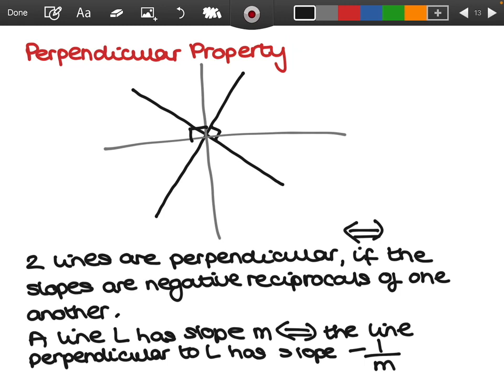Okay, so you do 1 divided by the slope that you are given for the line and then make it negative, and that will give you the slope of the line that's perpendicular to the original line.